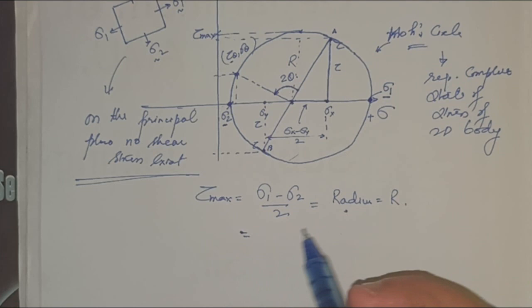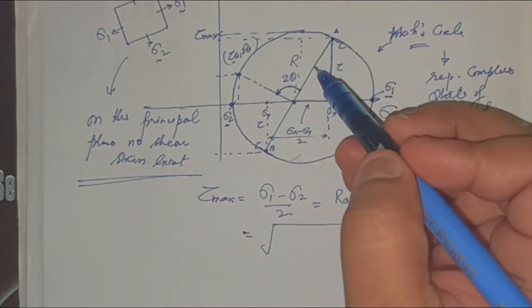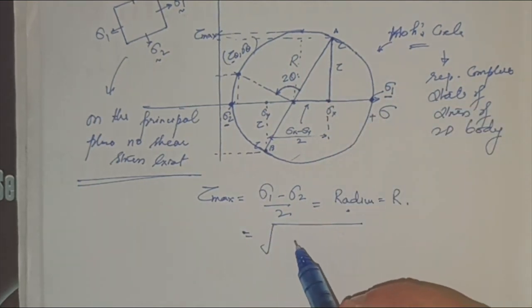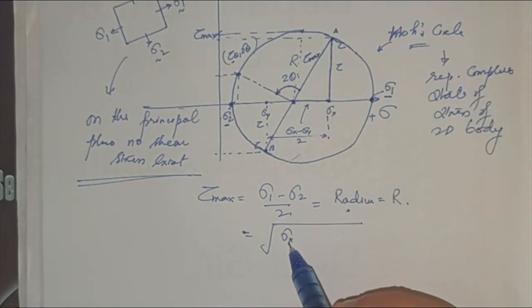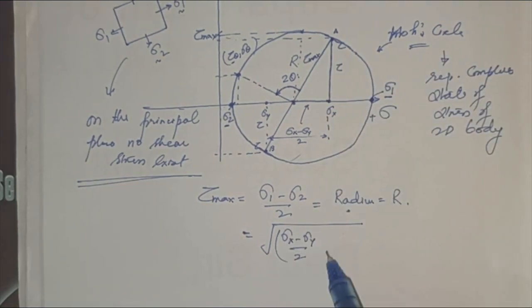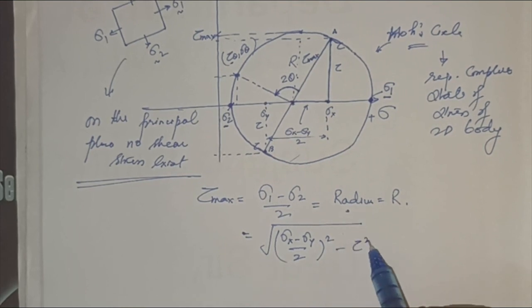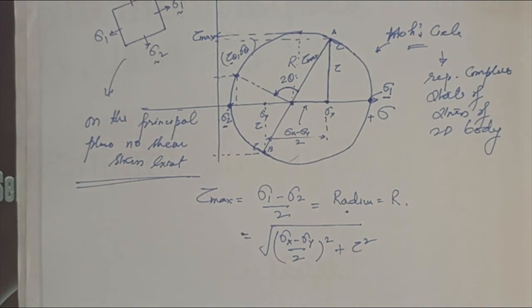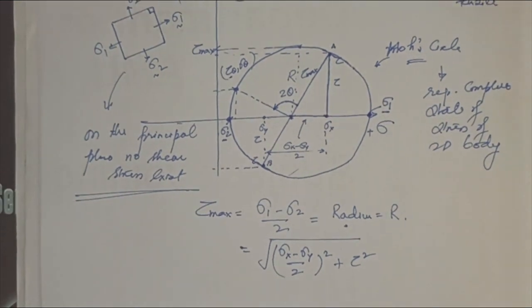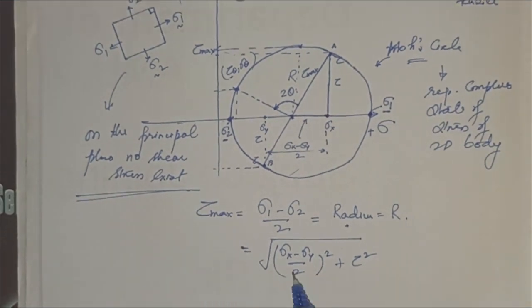So my tau max will be the square root of sigma x minus sigma y by 2 squared, plus tau squared. This will be my radius of the circle, or tau max, in terms of the given components.